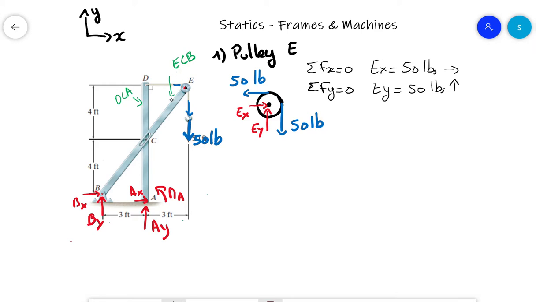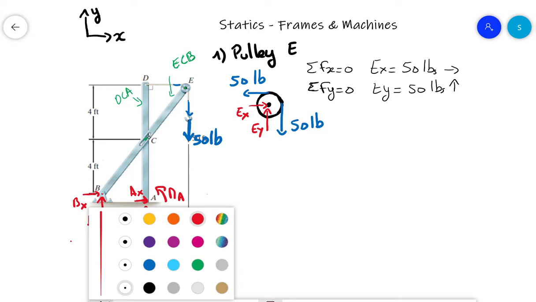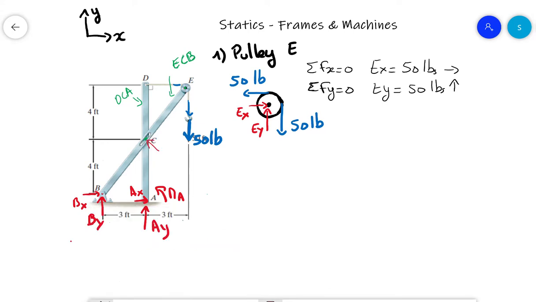If you look at the beam ECB, we know the force in the pin. We have 2 unknowns at B, and at C we have a normal contact, so just 1 normal force, because we know the direction. The direction of this force between the surface and the pin is normal to the surface, like a roller contact.